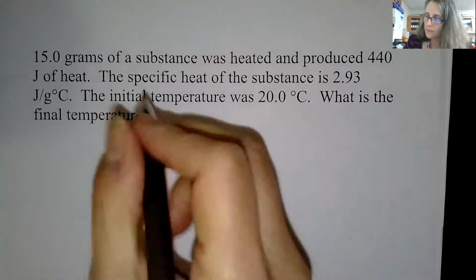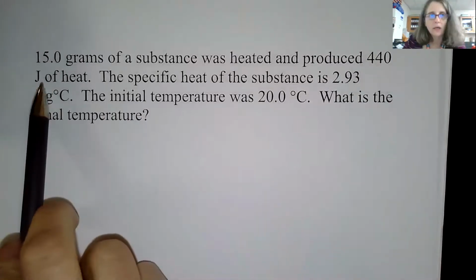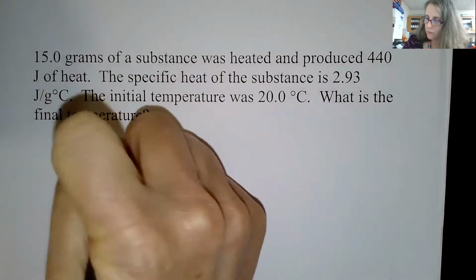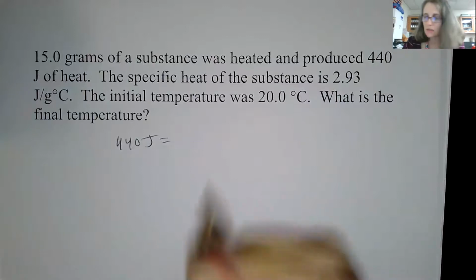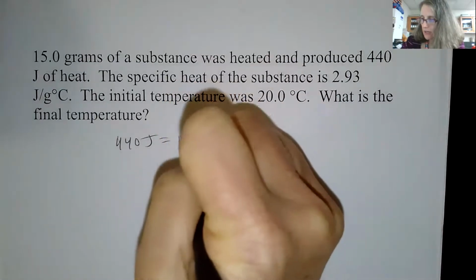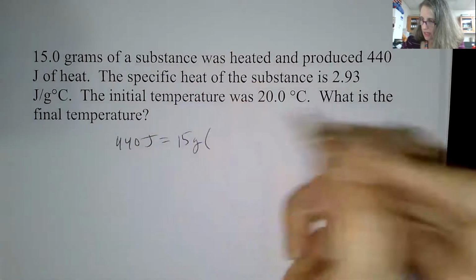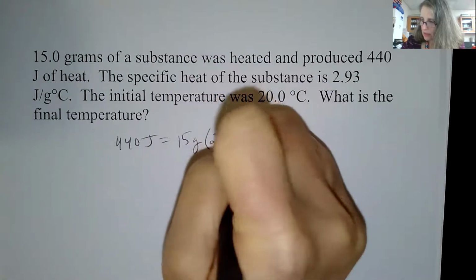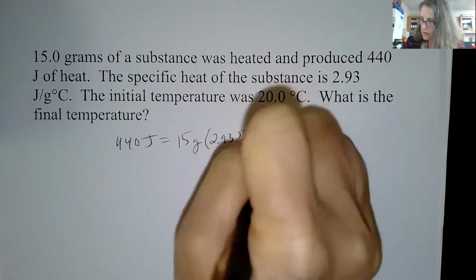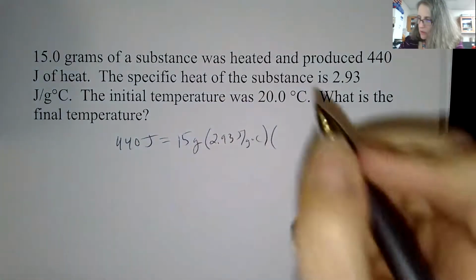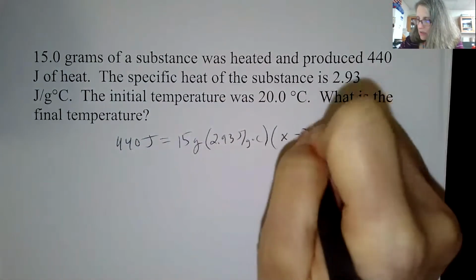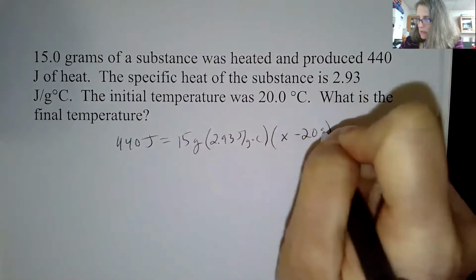So let's set it up. I was given heat. Okay, that's in joules. So I'm going to put 440 joules over here on the left. That's Q is equal to MC delta T. I have 15 grams. I have my specific heat is 2.93 joules per gram degrees Celsius. And then I don't know my final temperature. So that's going to be X, and my initial temperature is 20 degrees Celsius.